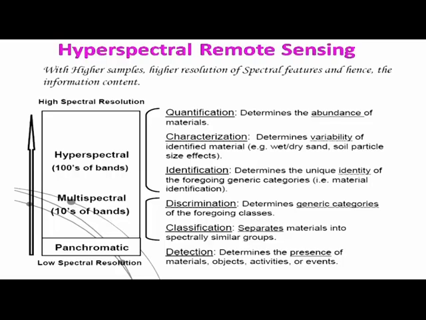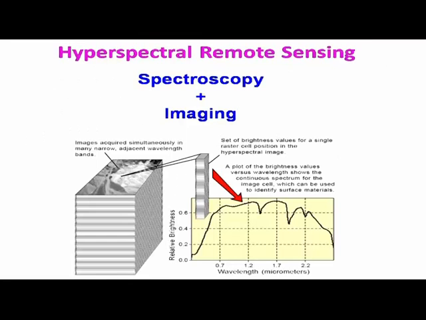Here, in hyperspectral, you can characterize the material based on wetness, based on particle size, like that. And once you know a particular signature, you can identify the similar spectra all over the satellite image. So these all are the advantages of hyperspectral remote sensing.